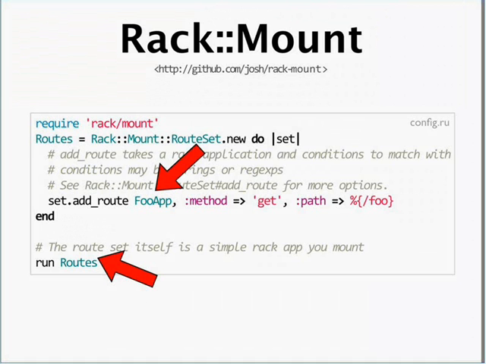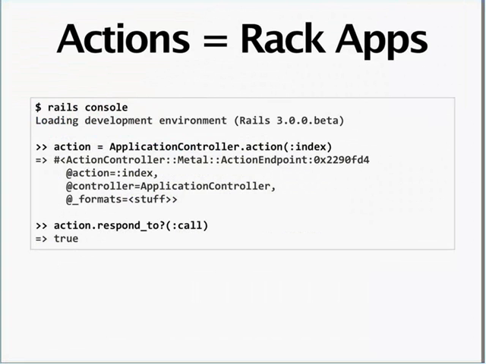And so the reason that this works in Rails now is that all of your controller actions are actually individual Rack apps. So not just the controller itself, which I think is also a Rack app and can be called like a Rack app, but also the individual action methods. And the way that this works is, given any controller, I fired up the console here and was just kind of poking around.